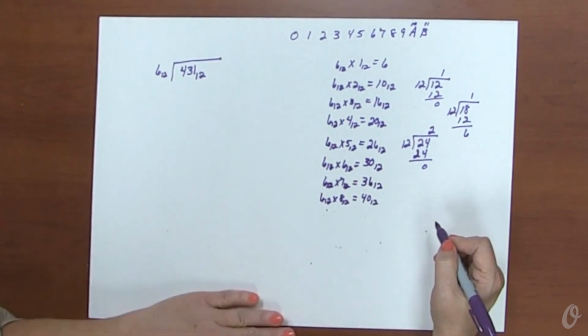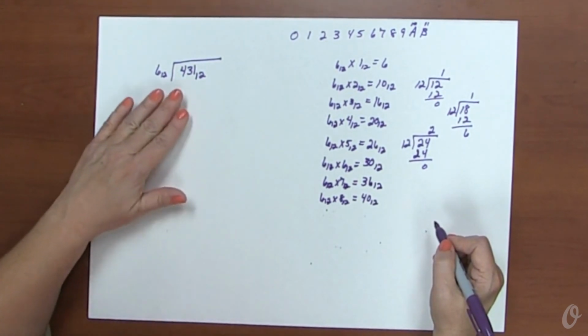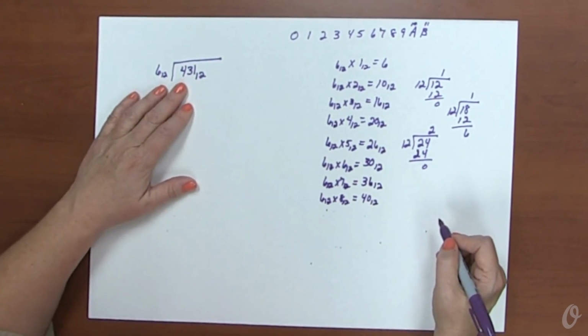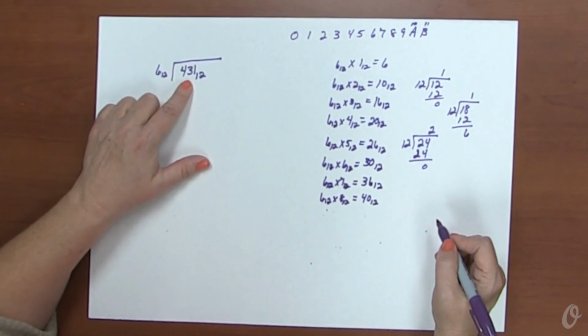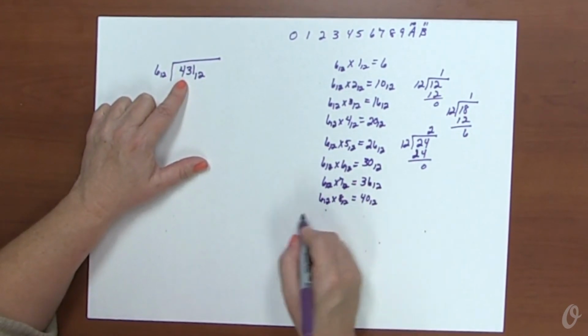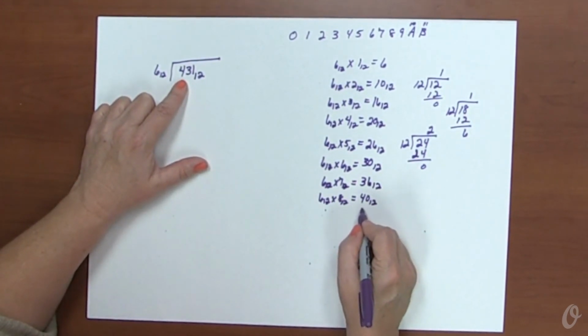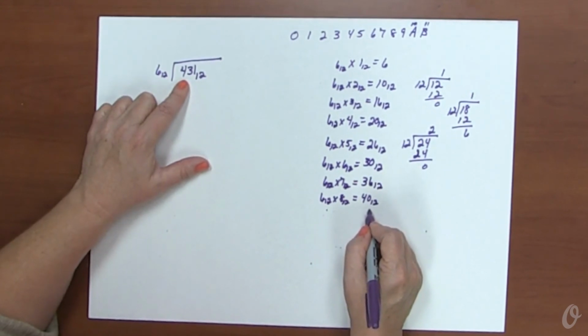Now I don't have everything listed, but I have pretty much where I need to start. And where I need to start is 4, 3. That's my highest one so far. So I'm actually going to stop right here with my times table.